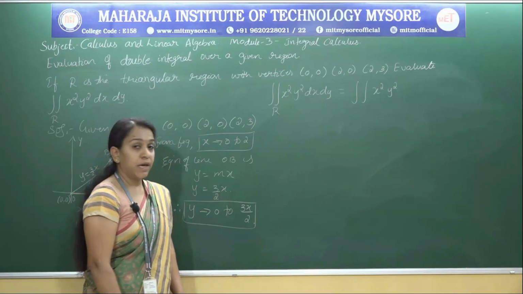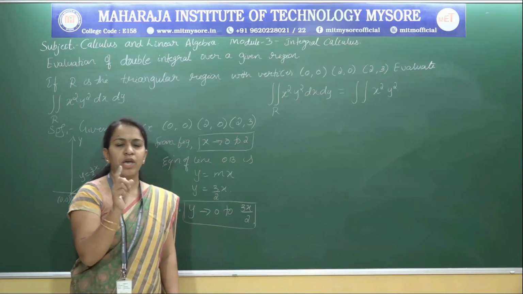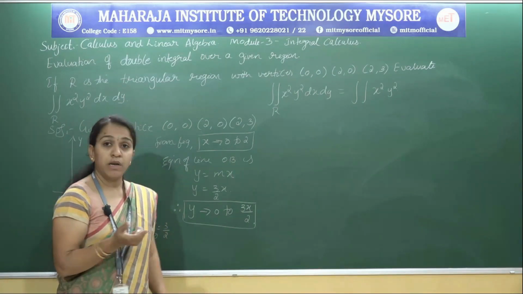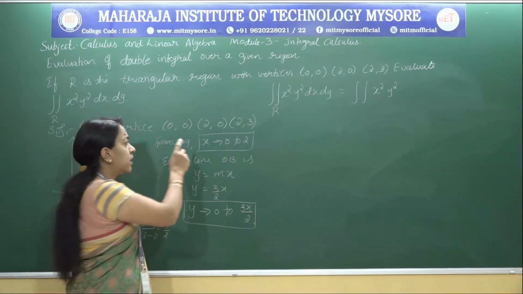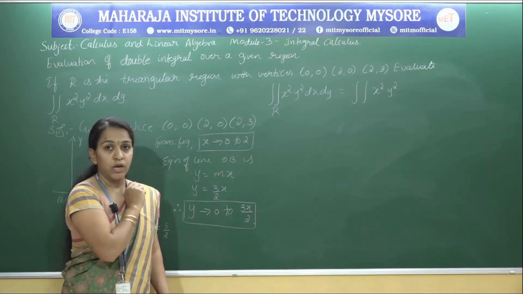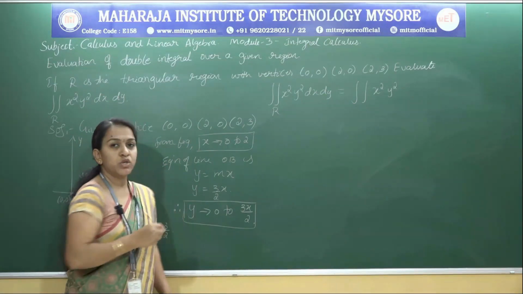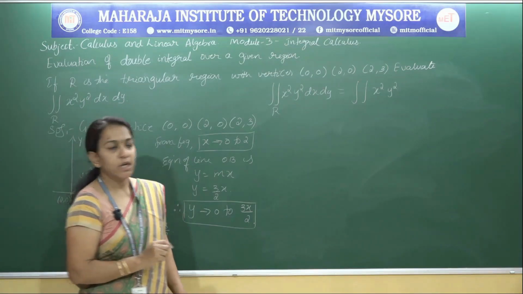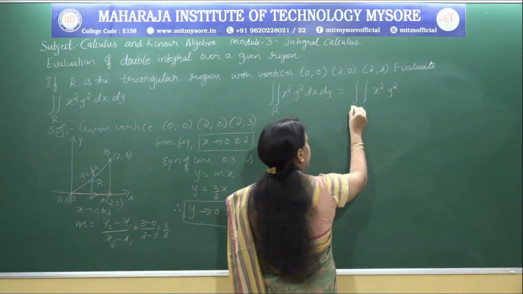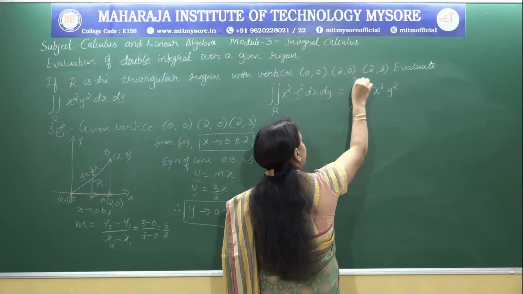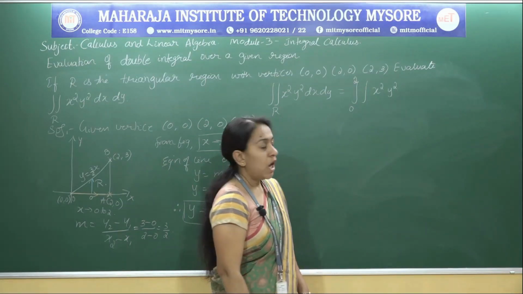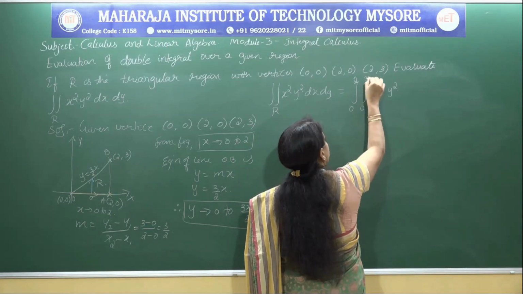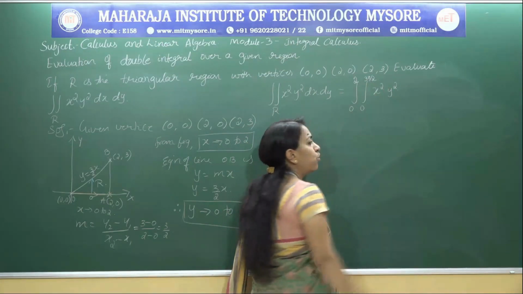Remember, when we have one constant limit and another variable limit, the constant limit should be the outer limit and the variable limit should be the inner limit. Therefore, the outer limit is the x limit, 0 to 2, and the inner limit is the y limit, 0 to 3x by 2.